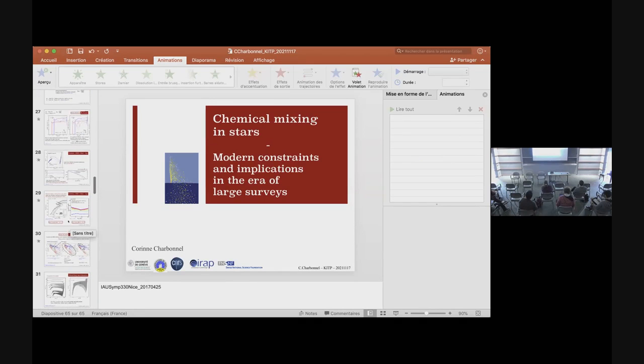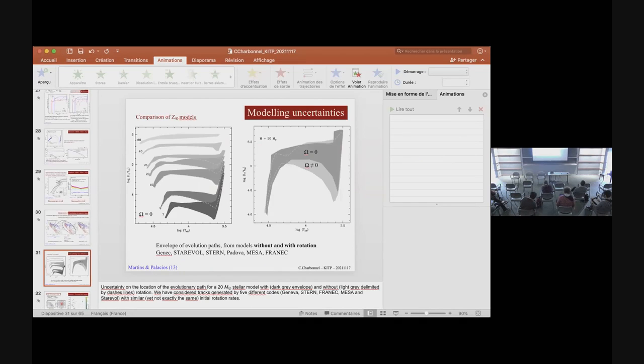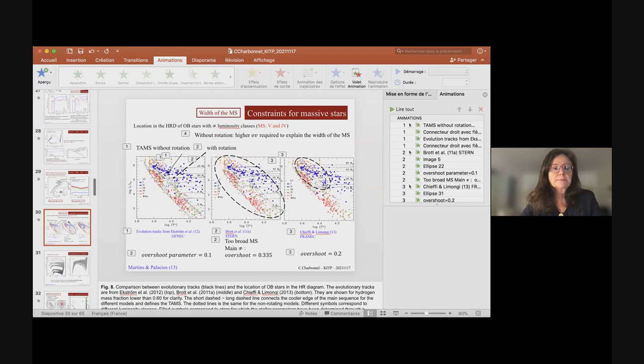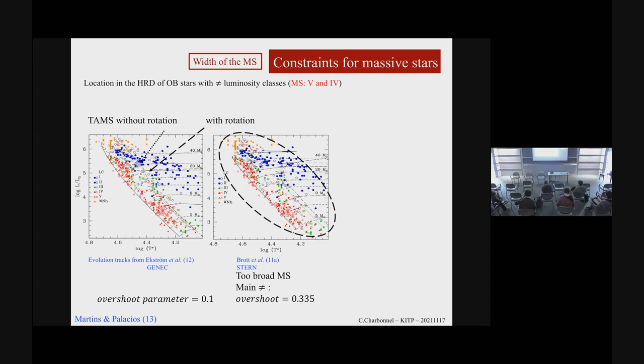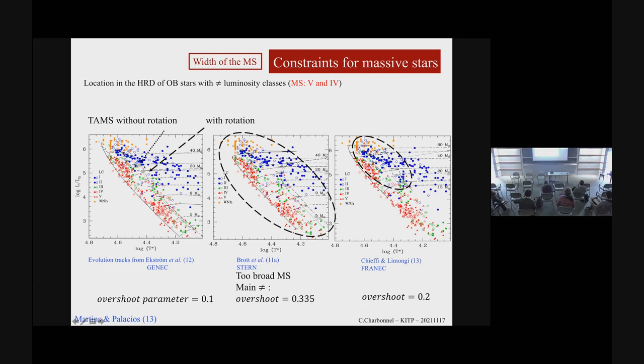I'm not sure what you were saying, but you say it's too broad, but I think it's not broad enough. So you see lots of stars to the right of the TAMS, so that to me suggests you need much more overshooting, or whatever you want to call it, but much more mixing than assumed in the models. Rotation will not solve that. It has to be something else.